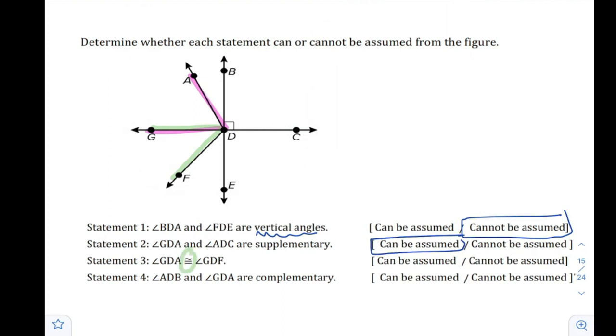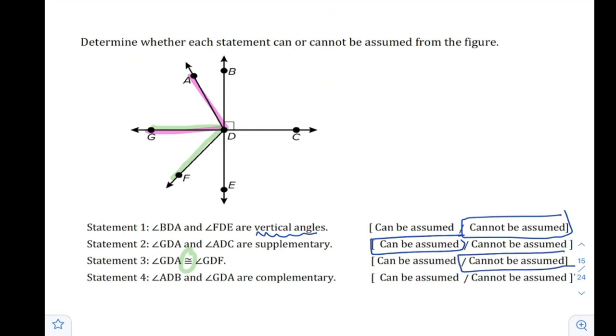This is the congruent sign, copy paste of each other. Is there anything showing or stating that? If they put the same arc, yes, you can say that. If they put 2 arcs here, 2 arcs there, we can say they are congruent. If they say that GD is an angle bisector, that is also possible. But since they didn't mention that, we cannot assume that.